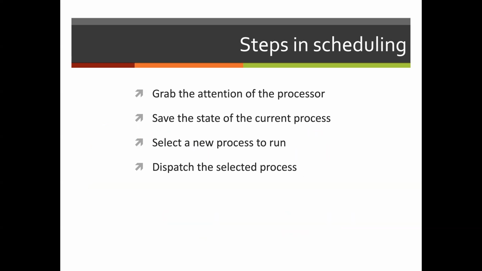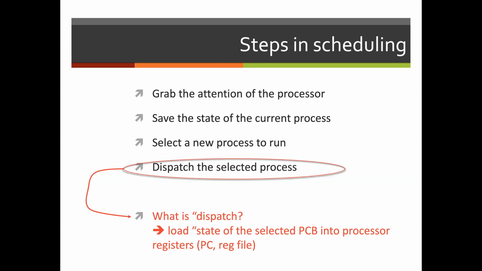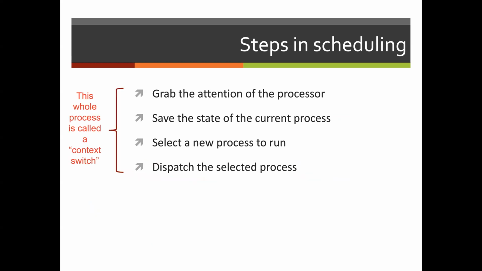And when we say dispatched, what we mean is that we're going to need to load the state of the selected PCB into the processor registers for execution. And so when we consider this entire process, from grabbing the attention of the processor, to saving the state of the current process, selecting a new process to run, and then the dispatch of the process, we call these entire steps a context switch.